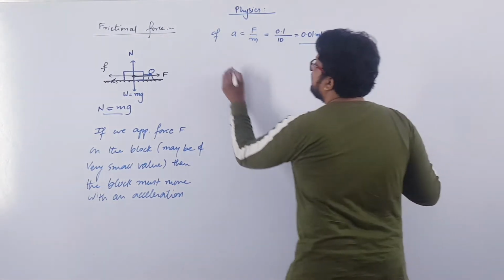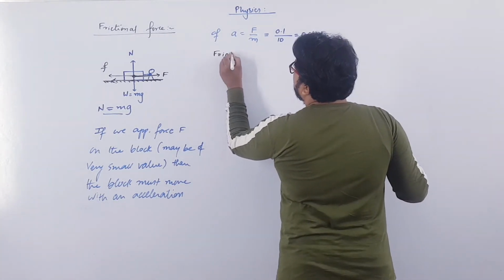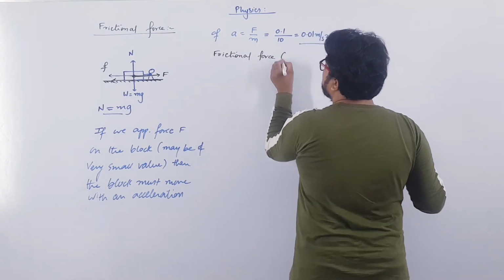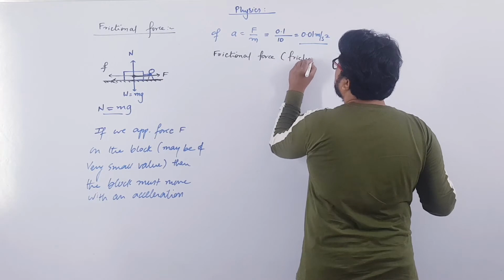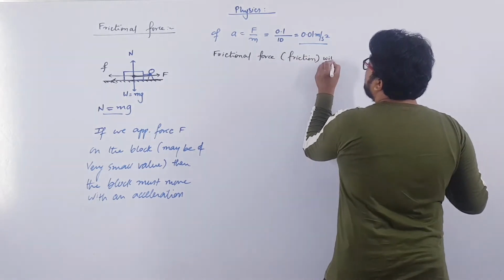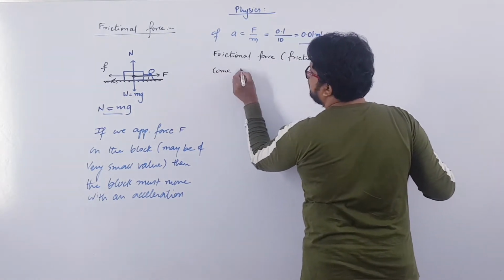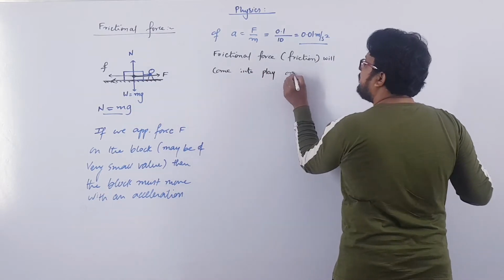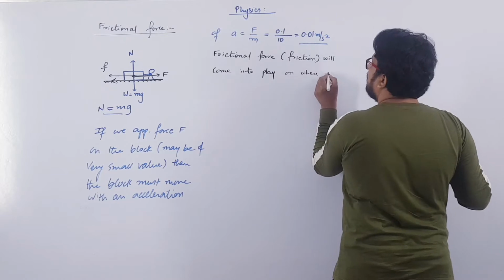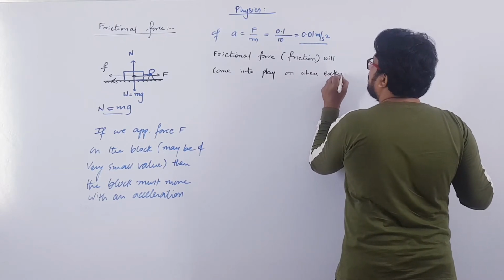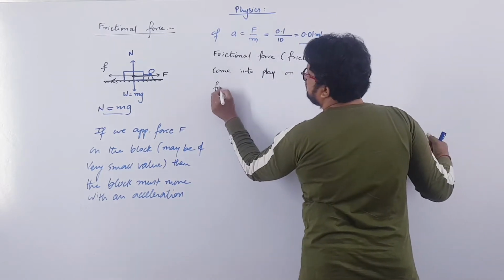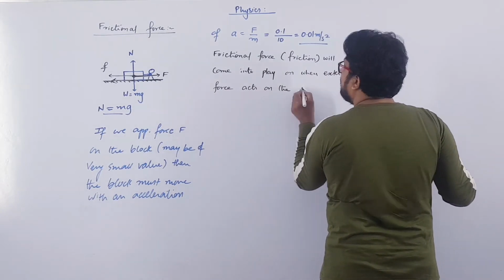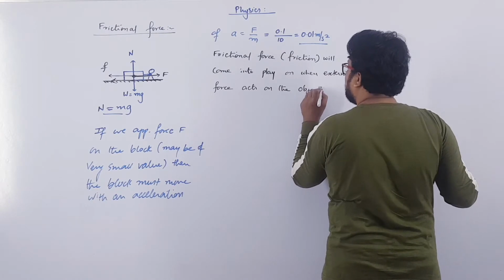You can write here: friction will come into play or will exist only when an external force acts on the body or on the object or block.